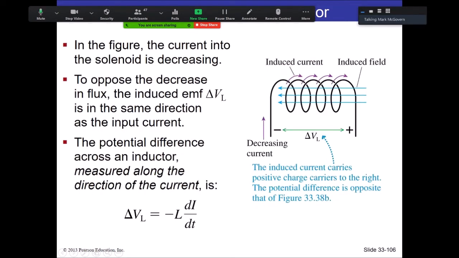Now the opposite is true if we're trying to decrease the current. So same as set up here. If we're trying to decrease the current here, well, there's going to be an induced field that will point in the same direction to try to oppose the decrease. And that creates an induced current that is in the same direction as the pre-existing current.